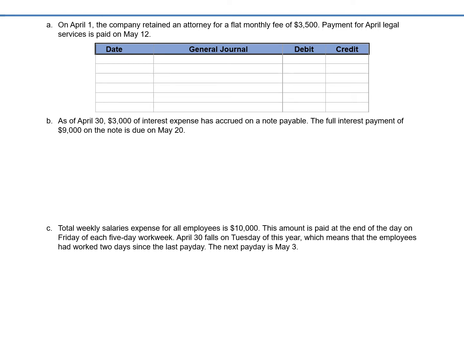But here's the deal. Because they've retained the attorney, we have to record something in our accounting records. It doesn't matter if we haven't yet paid for it, right? So we're going to accrue for that payment that we know we're going to have to make in the next month. The way that we do that is we record our expense and record our liability or our obligation for that future payment.